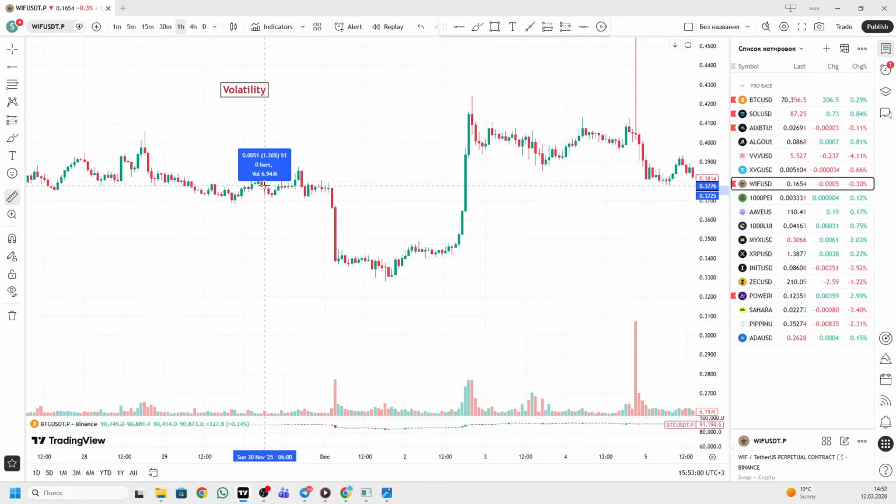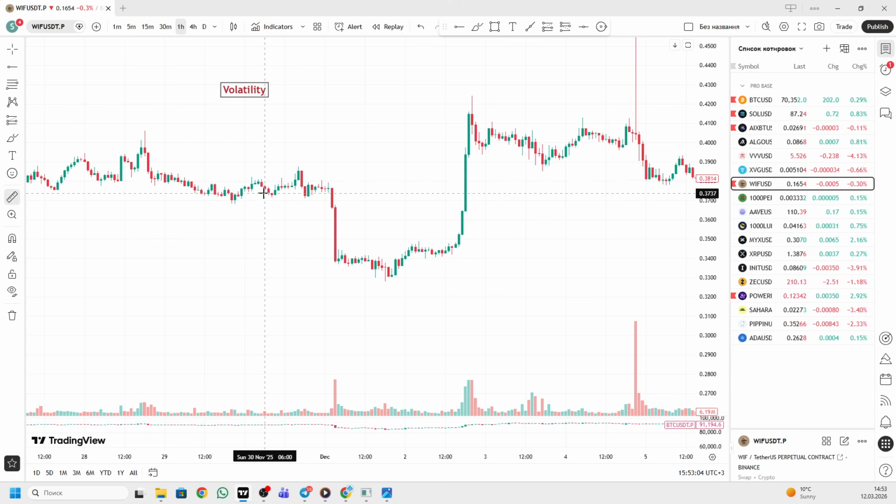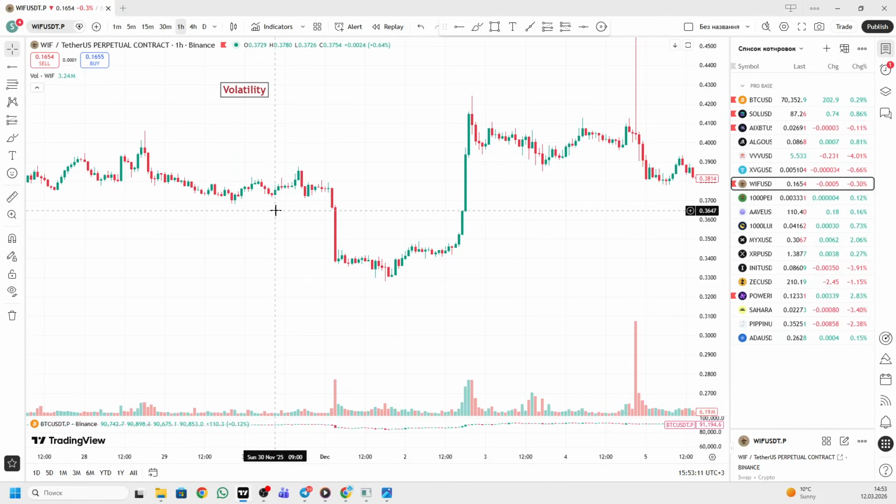So let's take this one, 143, and another one was about 130. Okay, so what does it mean? It means that, for example, this candle on Sunday 30 November at 9 o'clock it was 143%. This candle at 10 o'clock was roughly the same, so volatility was roughly the same.